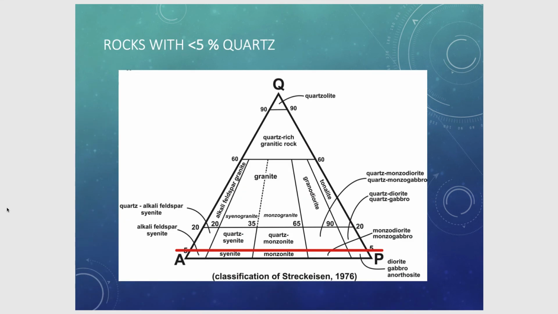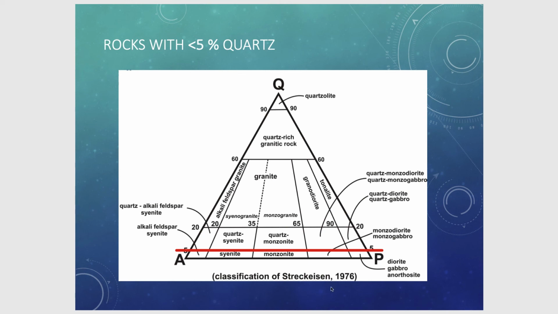If we move down in terms of the composition, so we have between 20 and 5% or less than 5% quartz, we enter the realm of syenites and monzonites, or quartz syenites or quartz monzonites. And then we have the monzodiorites here and the monzogabbros.